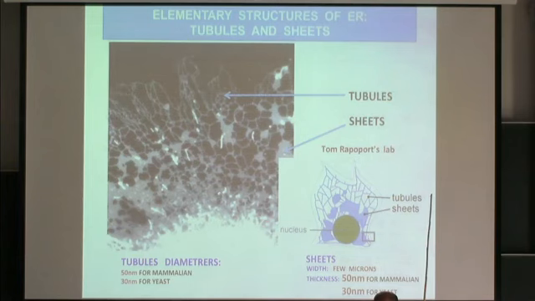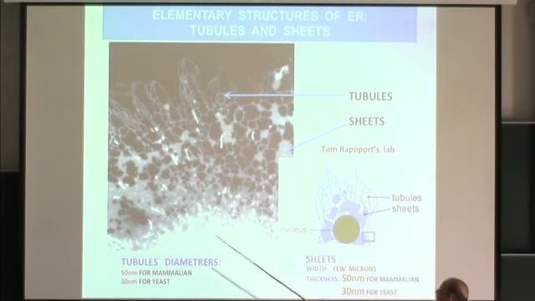Now, what are we talking about? We are talking about the endoplasmic reticulum. You may know that biologically this is a place where many proteins are synthesized, and also lipids undergo biochemical transformations and are synthesized.